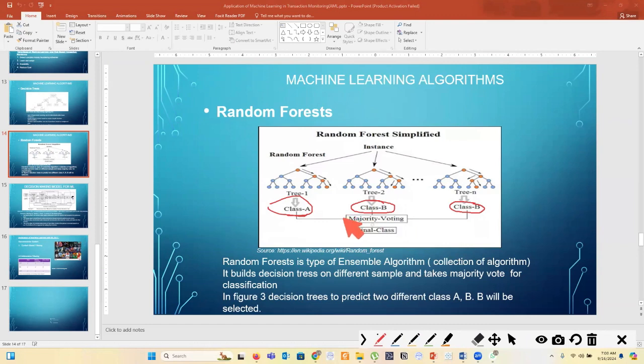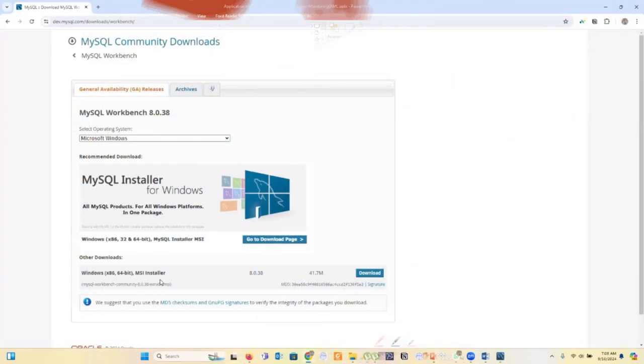By looking at the output, there will be voting. Since there are three algorithms, and two out of three algorithms have predicted class B, the ultimate result will be class B. The final output is class B, based on majority voting, right?